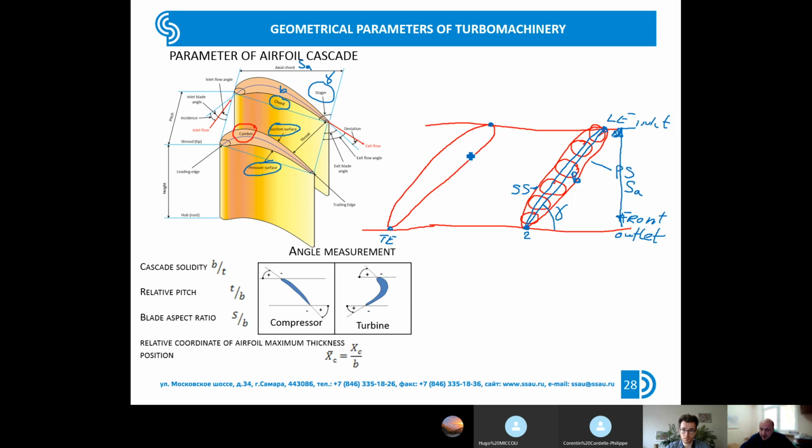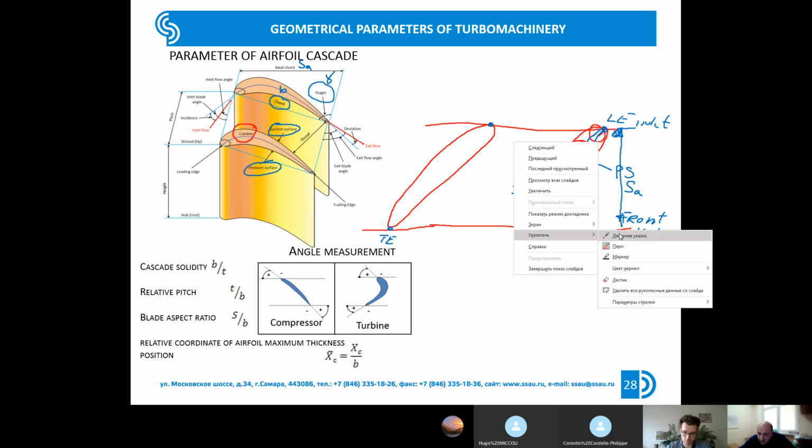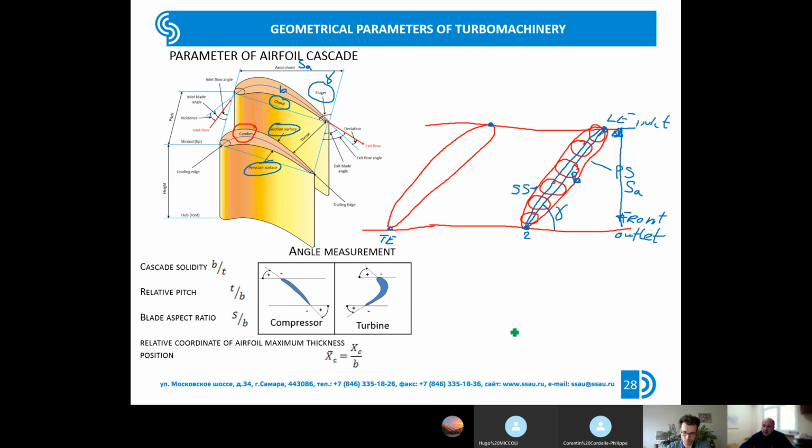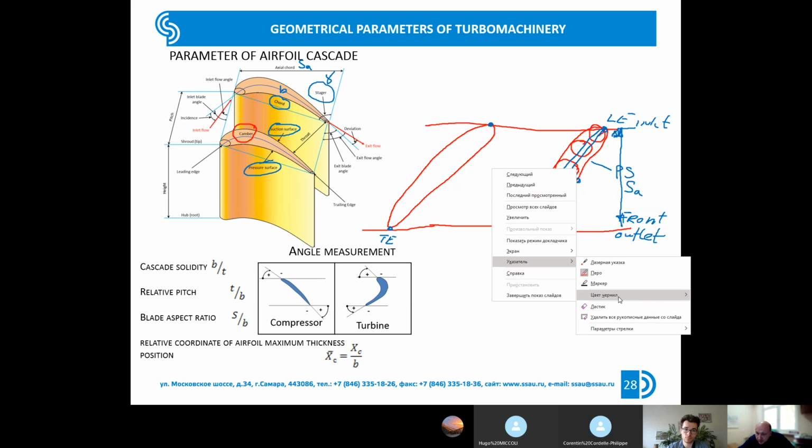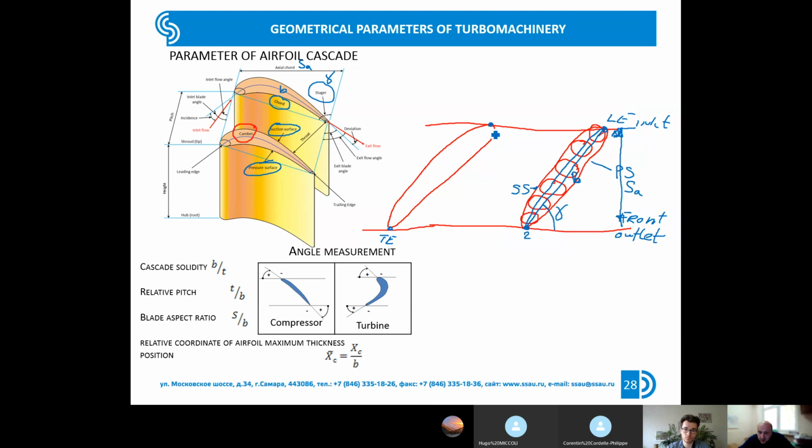So what else? Let's change the color. Another main parameter. Okay, maybe I will return for one second.